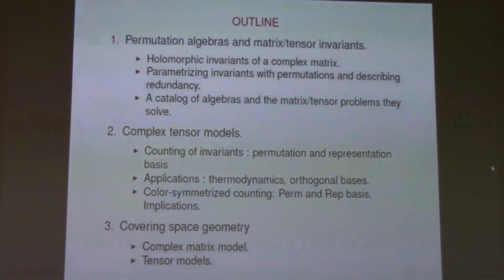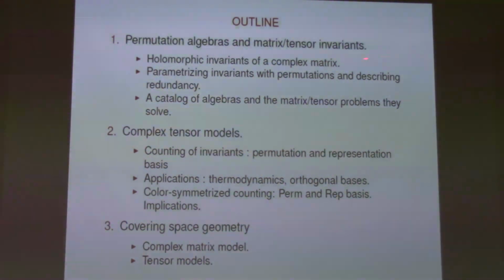So the outline for the rest of the talk is that I'll start with a simple example, holomorphic invariants of the complex matrix, and how we do this parameterization of the invariants with permutations. And a key point is that when you parameterize invariants with permutations, this parameterization is redundant. But the redundancy can be described in a very precise way as a sort of gauge symmetry.